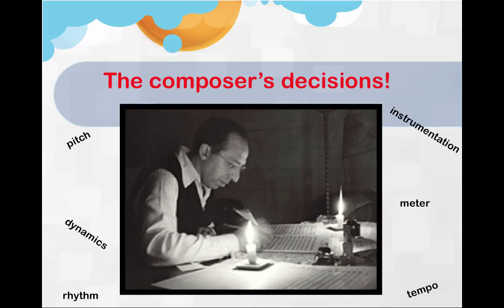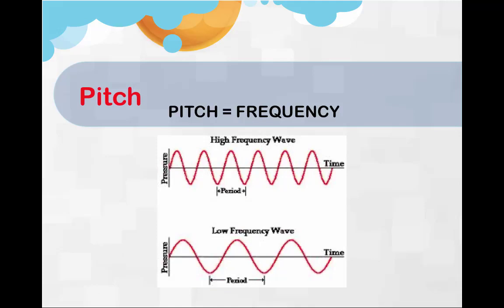So let's look at some of these most basic elements that the composer has to decide. So we begin with pitch. Now, have you ever heard a musician say, "What note is that?" or "What pitch is that?" This simply refers to how high or how low a note may be, right? So the answer might be, "Oh, that is pitch C," or "That is a pitch D," right?